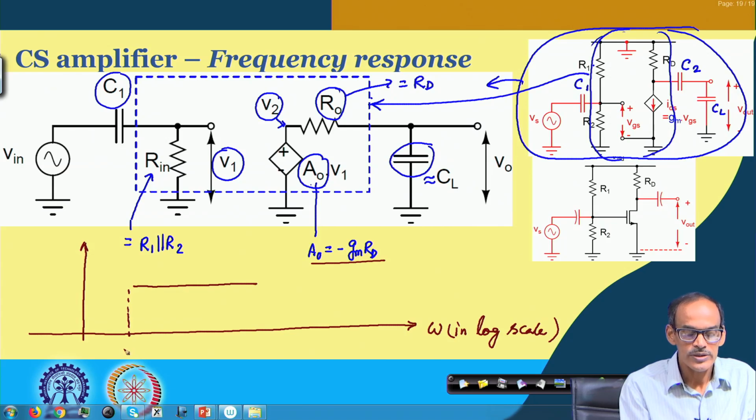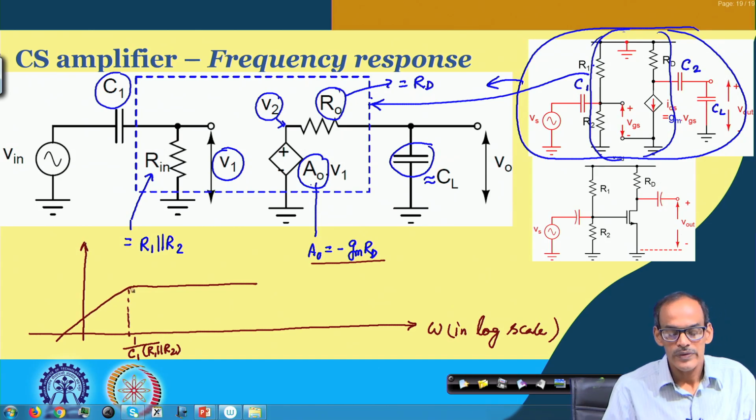So, this frequency is 1 by C1 into R1 parallel R2. So, that is the lower cutoff frequency, and then the upper cutoff frequency is defined by this Rd.